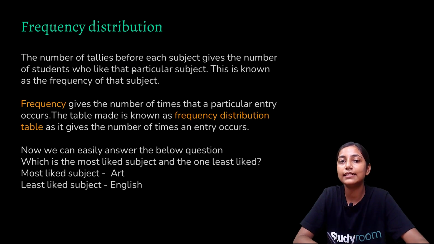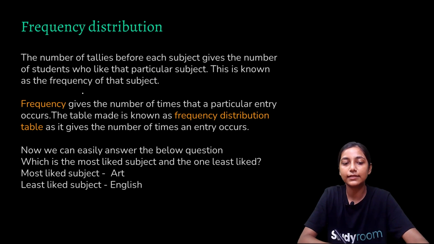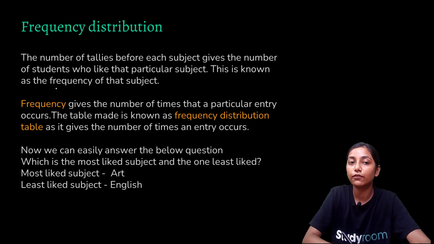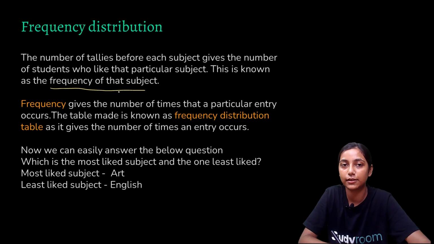The number of tallies before each subject gives the number of students who like that particular subject. This is what we call the frequency of that subject.